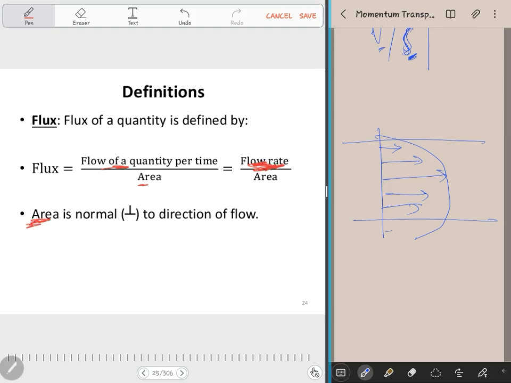So this is showing the velocity, and the longer it is, the bigger the magnitude of that particular velocity compared to the other ones, right? Then they are saying that the area is normal to the direction of flow. So the velocity profile is going in this particular direction. The area that we are talking about is this, from here to here. So this area here is normal or perpendicular to the direction of flow, which is this. Are we okay?